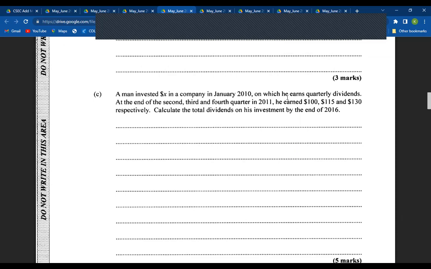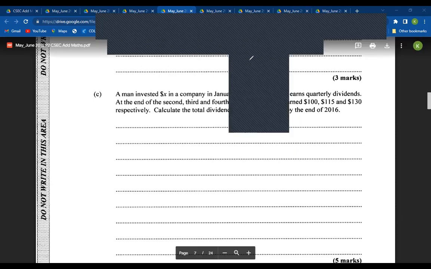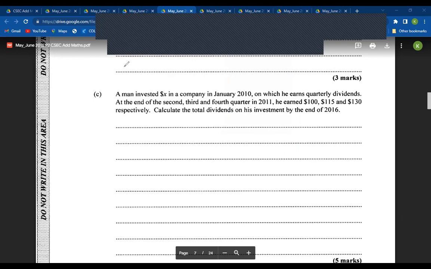Underline all the key information they gave you. This is the AP for one. Second, third, fourth quarters are 100, 115, 130. They want total, which implies S n at the end of 2016.